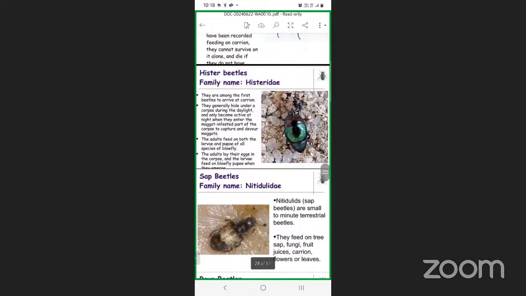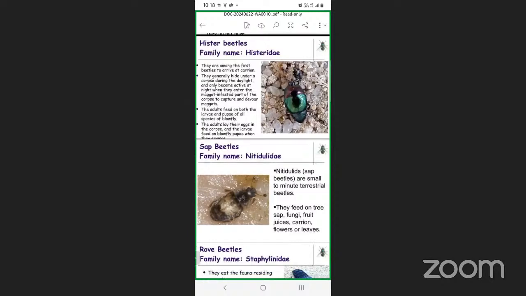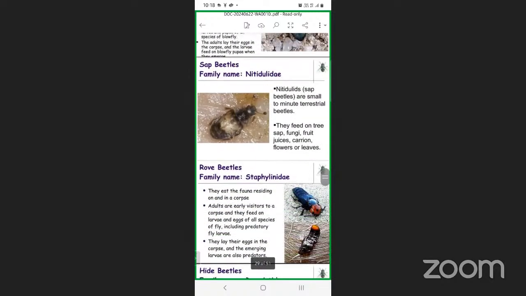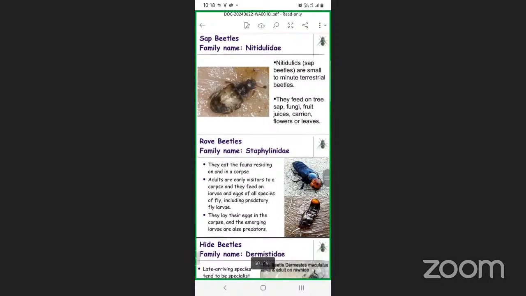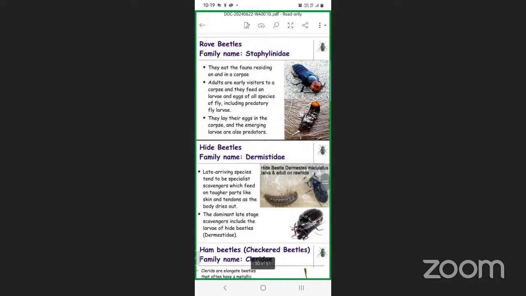We also see the beetles belonging to the Histeridae family and the Nitidulidae family, which are similar to the other beetles.